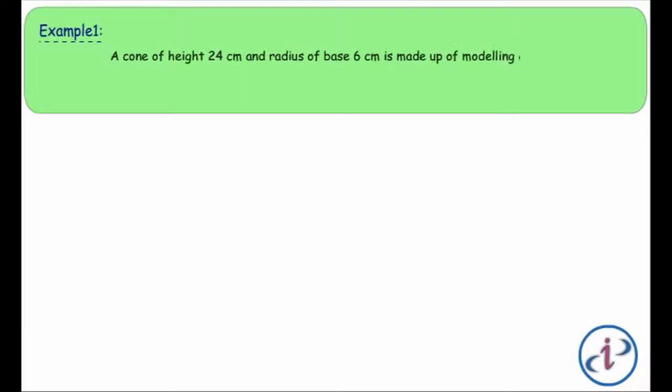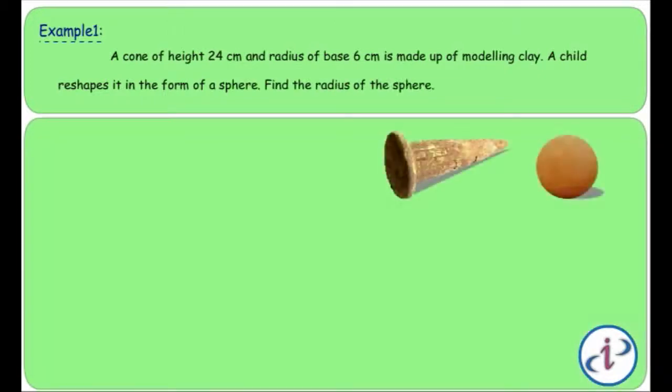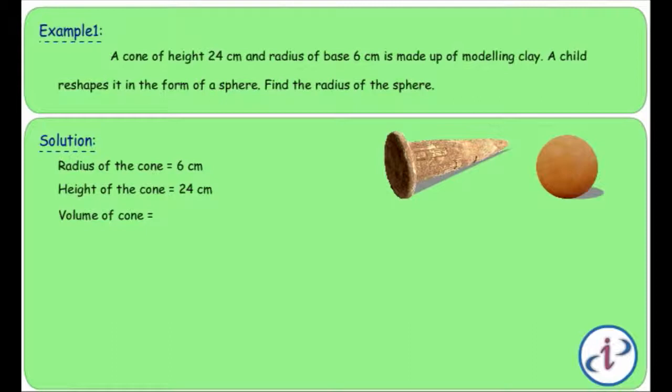A cone of height 24 centimeters and radius of base 6 centimeters is made up of modeling clay. A child reshapes it in the form of a sphere. Find the radius of the sphere. Given that radius of the cone is 6 centimeters and the height is 24 centimeters, volume of cone is 1 by 3 pi r square h. It is equal to 1 by 3 pi into 6 into 6 into 24.